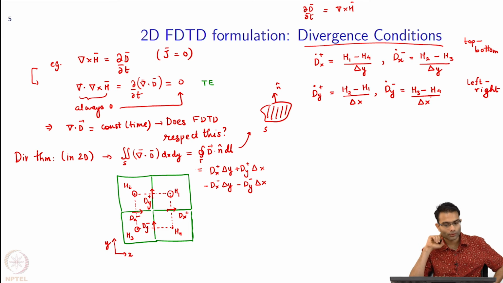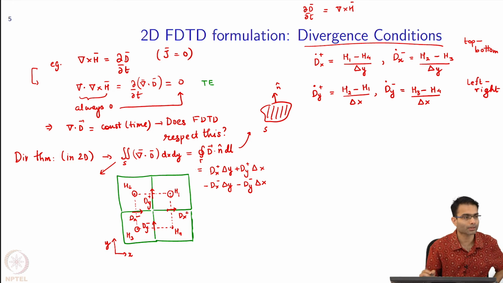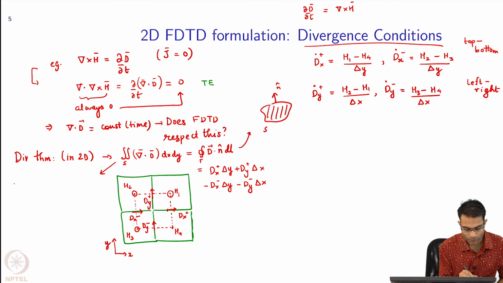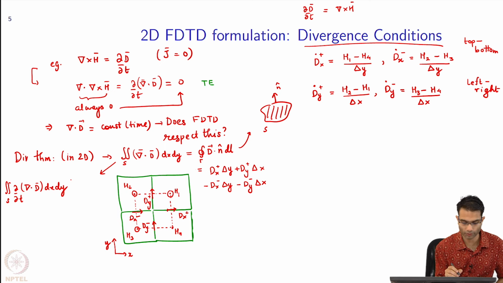Fine. So finally, what am I wanting to look at? Not this equation, but the time derivative of this equation, right? So what I want is, I have put a time derivative on both sides of this equation, and that will therefore be equal to the time derivative of, right?